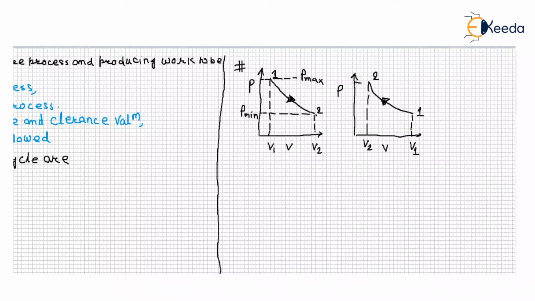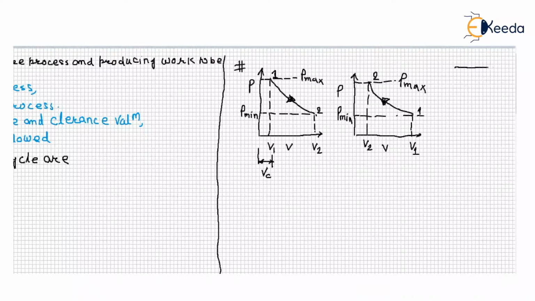There is a maximum pressure P max, and this is your minimum pressure P min, right? And generally, this is your clearance volume, VC.